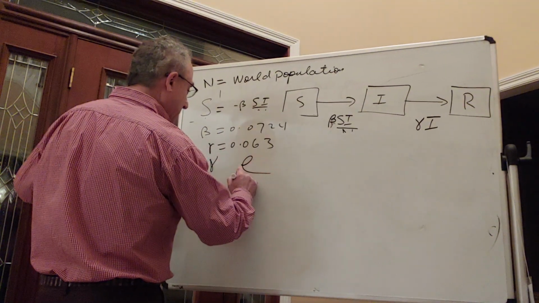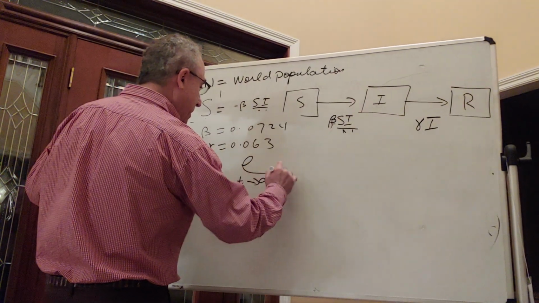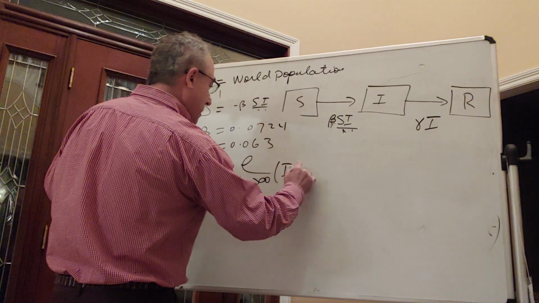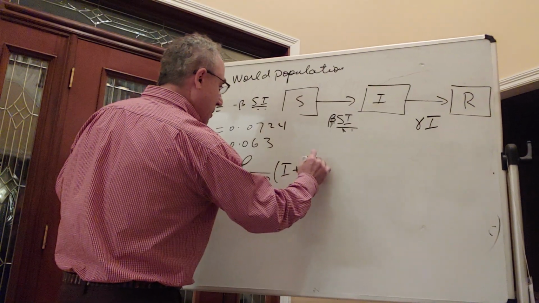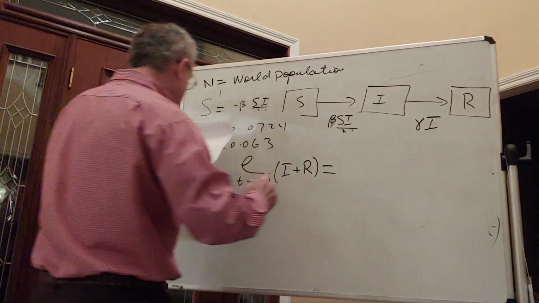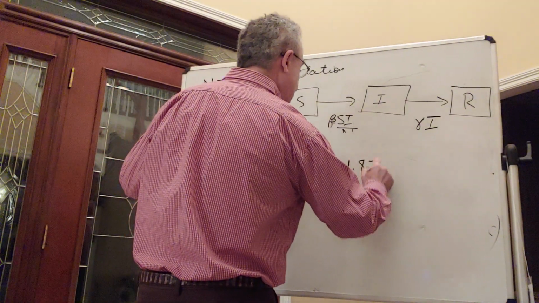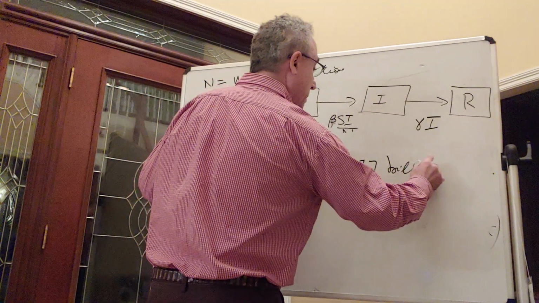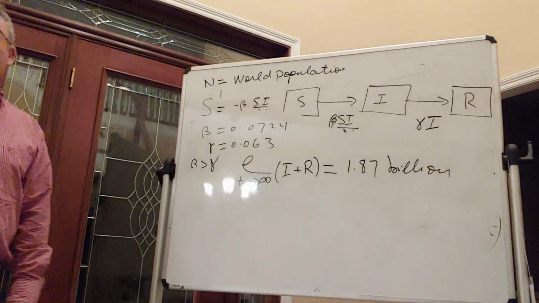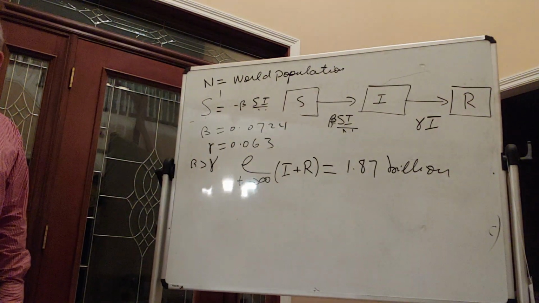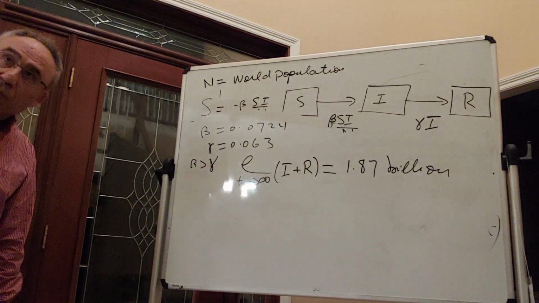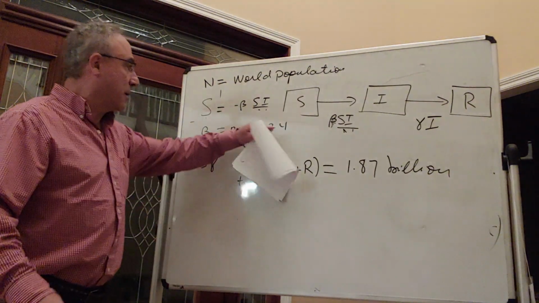The limit as t goes to infinity of I plus R is going to be about 1.87 billion. That means a quarter of the population will get infected or removed.